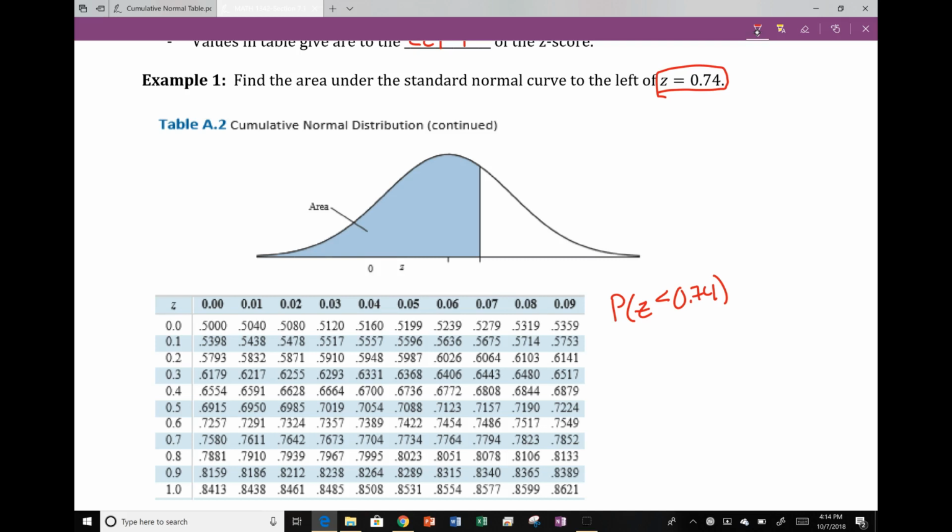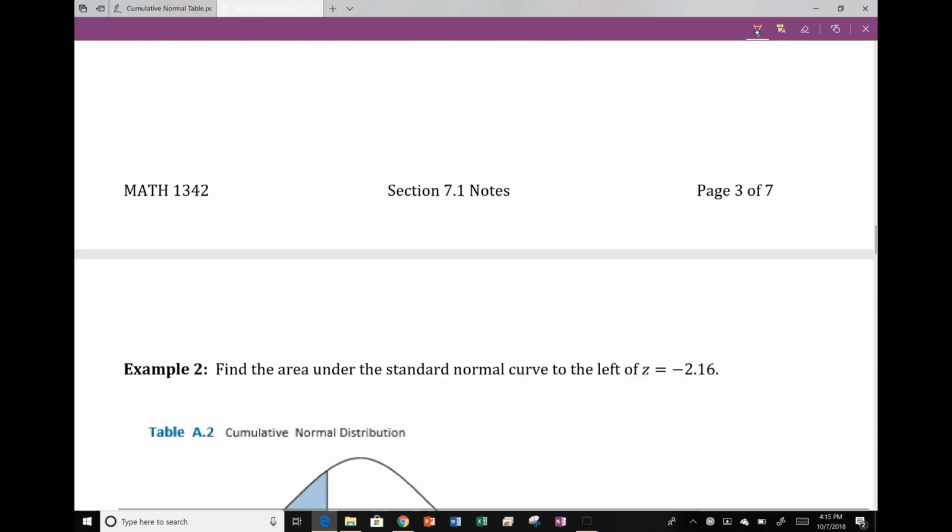I would go to 0.7, which is here, and then my last digit, the hundredths digit, is along the top, and I would look at that column. Where those two things intersect is our probability to the left. So it'd be 0.7704. The big thing to remember is that here are your ones position and your tenths position. Your hundredths is along the top row. And you're always looking for that intersection.